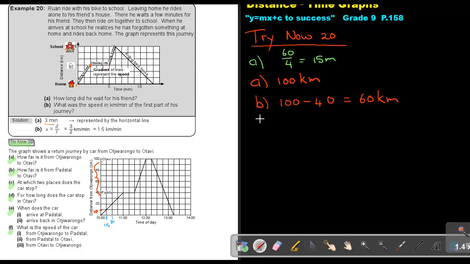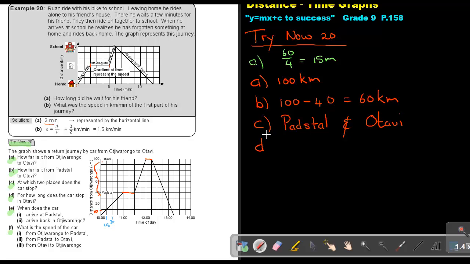Okay. Number C. At which two places does the car stop? Can you see there? Using my ruler, it stops there and it stops there. So it stops at Padstal and at Utawi, because you see the horizontal lines there.